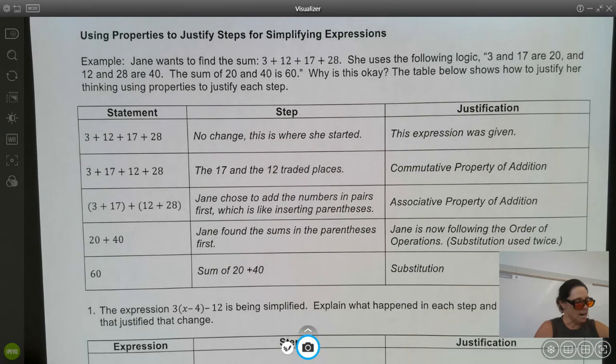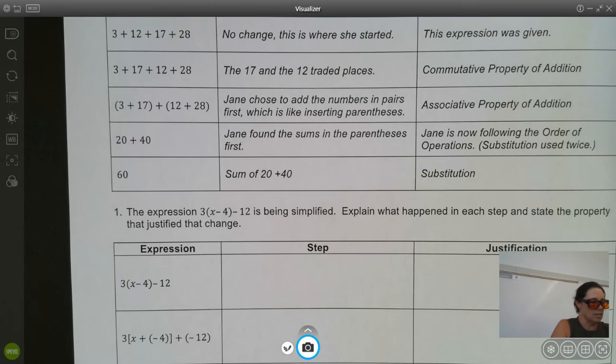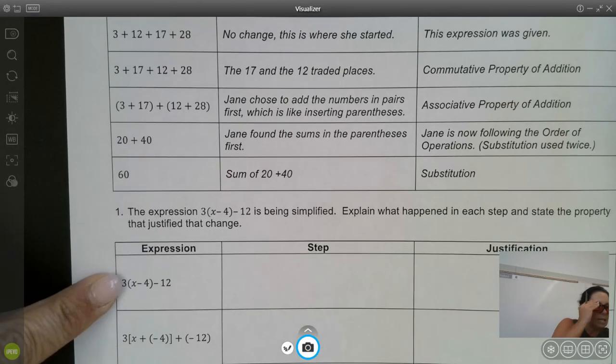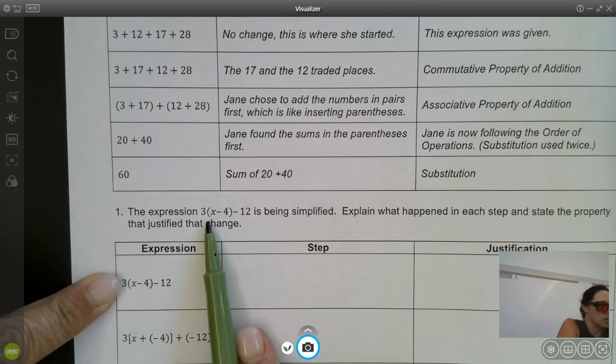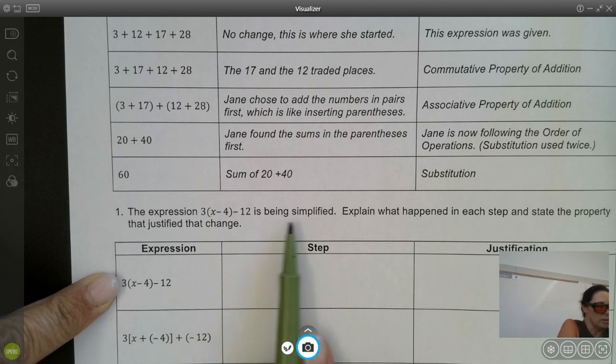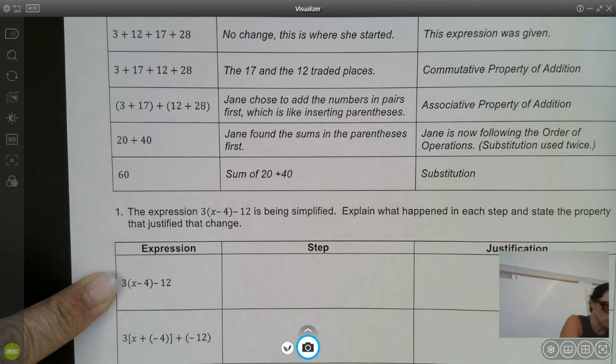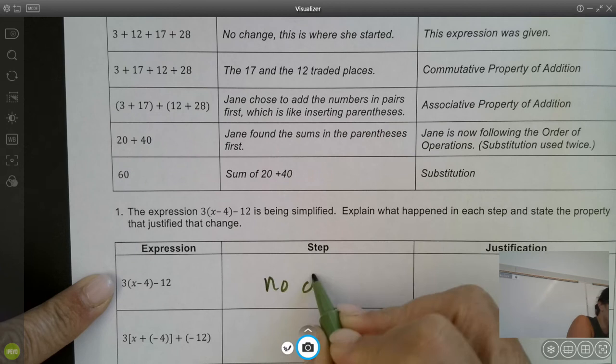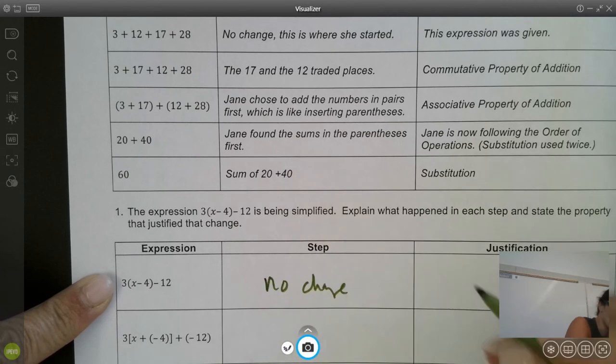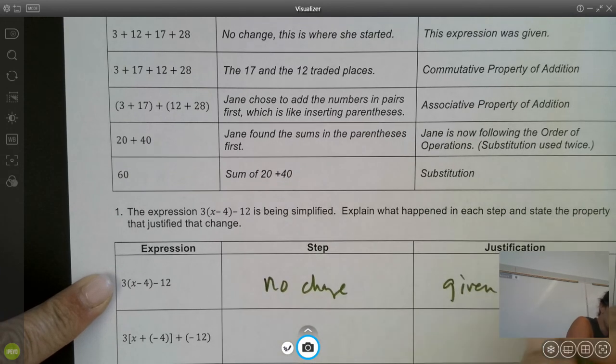All right, so let's look at this guy. It says 3 groups of x minus 4 minus 12 is being simplified. Explain what happened in each step and state the property that justified that change. No change is happening here because it's the beginning. This is the given expression.